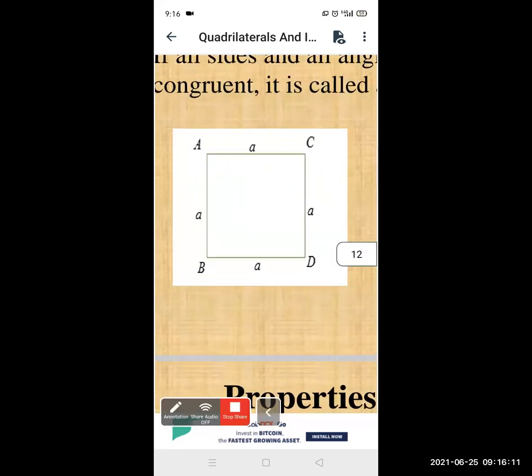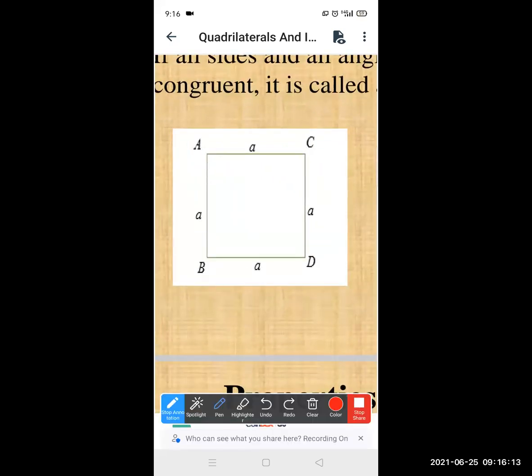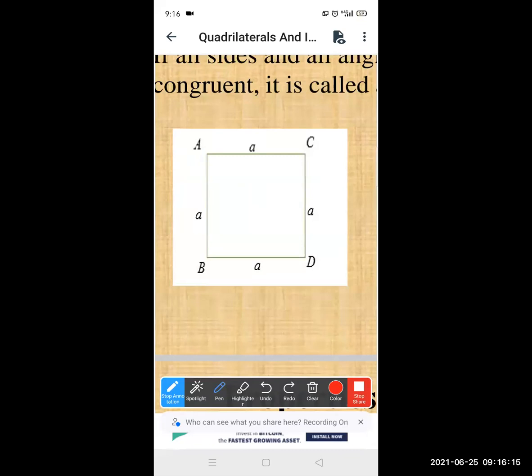Let me draw one here. Okay, if I draw a line here like this, AD, this is your diagonal, and here D is your right angle, right?